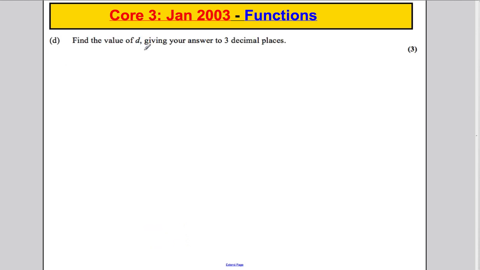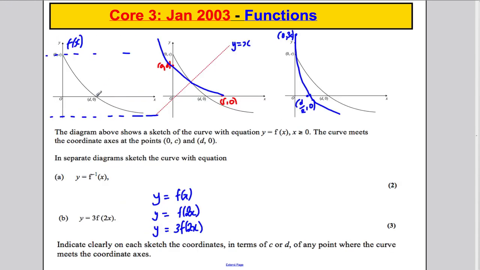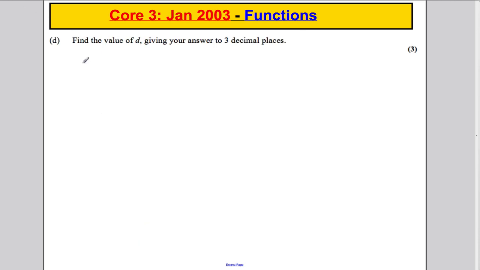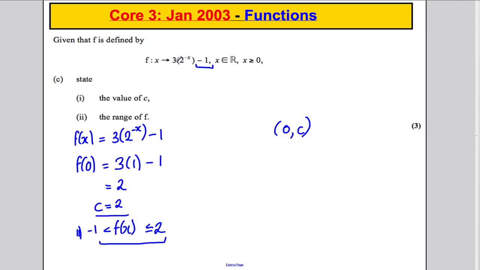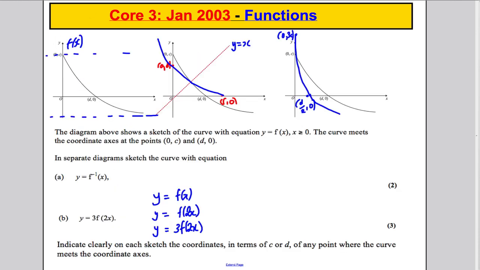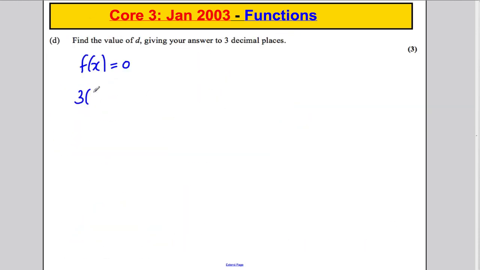Okay, then find d given your answer to 3 decimal places. Let's go back and see what d is. D is when y is equal to 0. So we're going to solve f of x is equal to 0. F of x is 3 times 2 to the negative x subtract 1, so 3 times 2 to the negative x subtract 1 is 0. Add 1 to both sides. Divide both sides by 3.